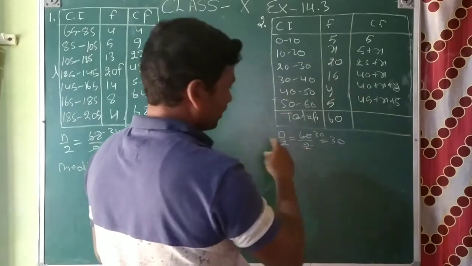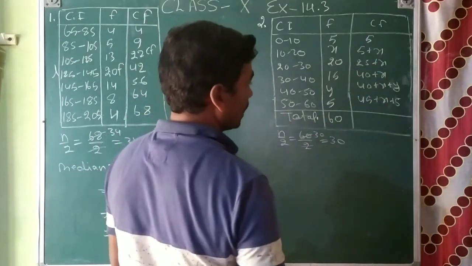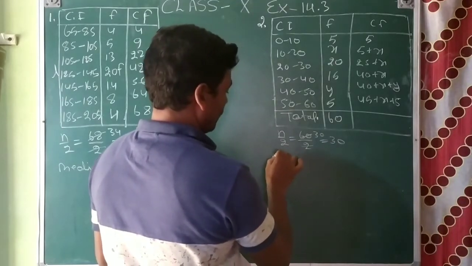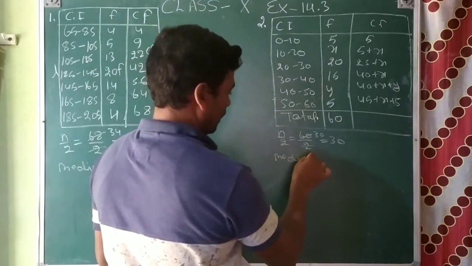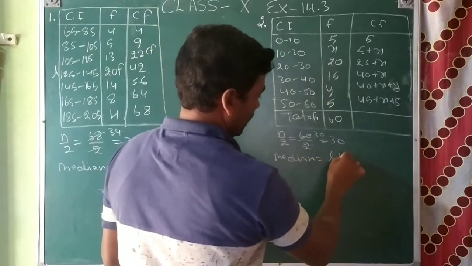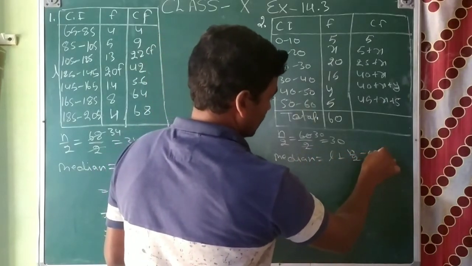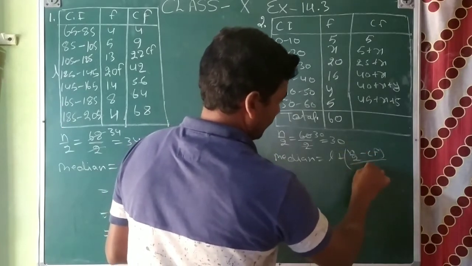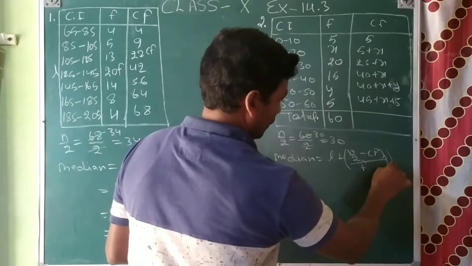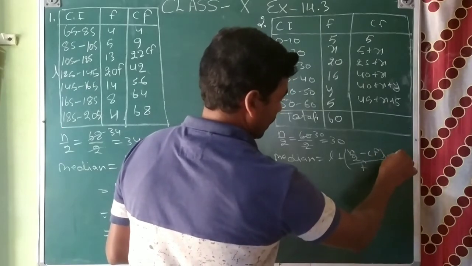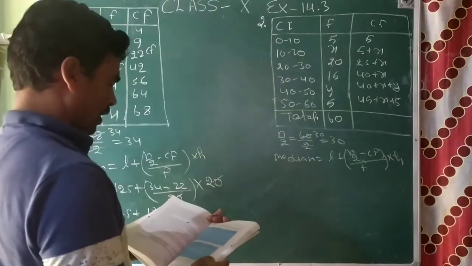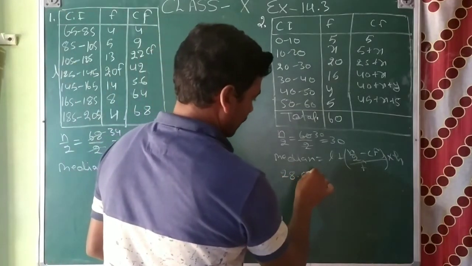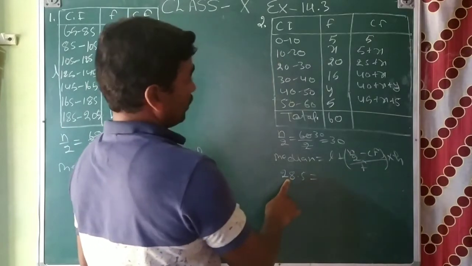And then we look for the class which is not smaller than 30. Here we will write the formula: median is equal to L plus n upon 2 minus CF upon F into H. The median is already given, 28.5.